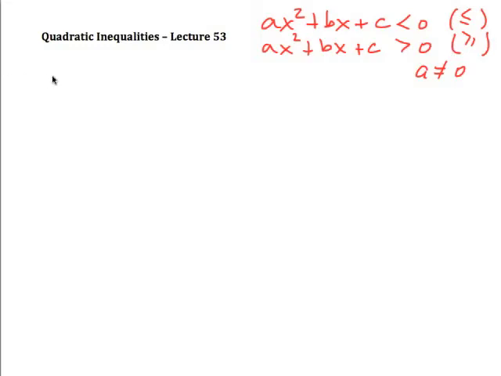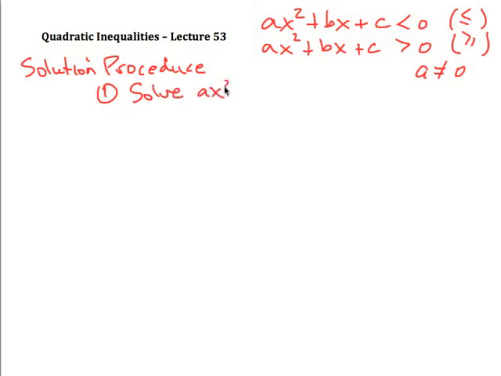Now the way we do this is we follow the following steps for the solution procedure. Step 1: solve the quadratic equation, so first of all we solve this part where it's equal to 0.